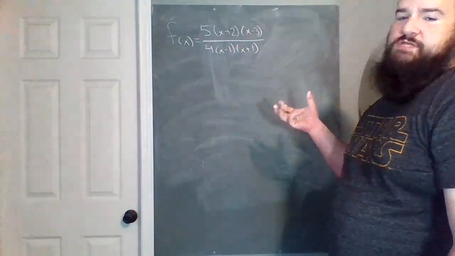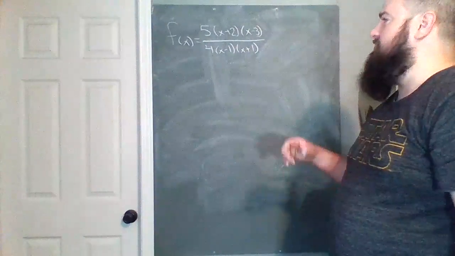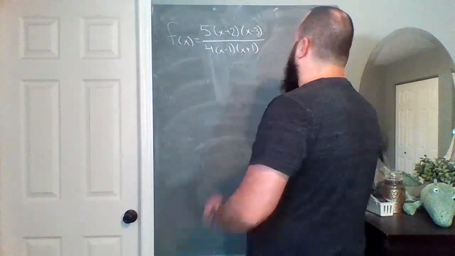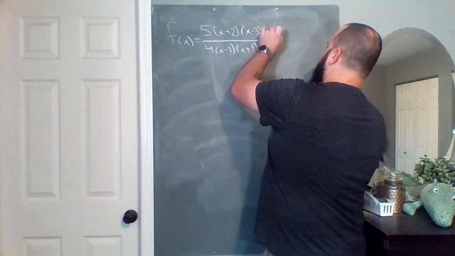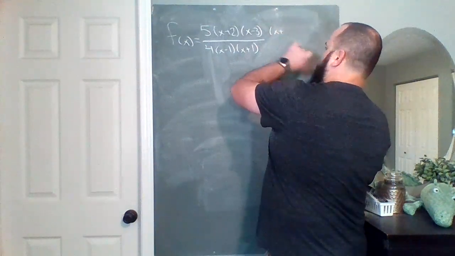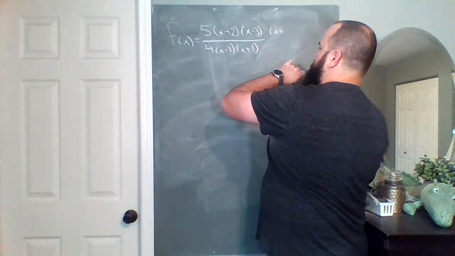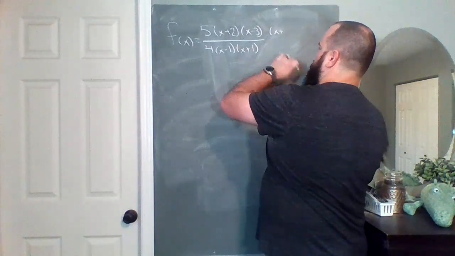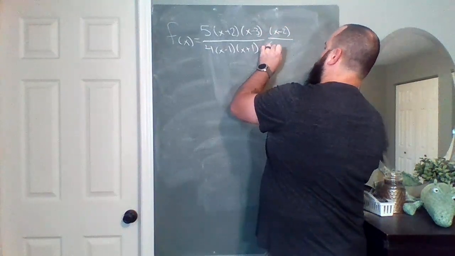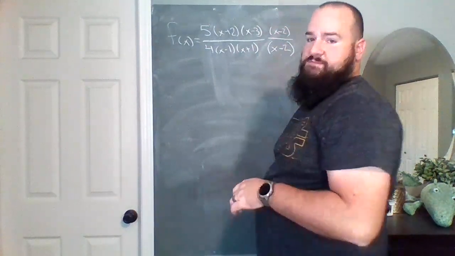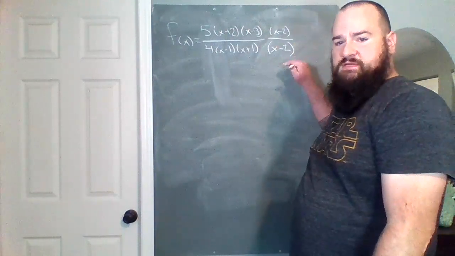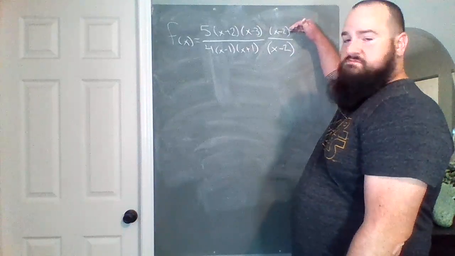If we look at what this function equals, I'm not going to actually calculate this out, but we get all these numbers. Now, what if I multiply this by x minus 2 over x minus 2? So I'm taking this rational function, I'm multiplying it by x minus 2 over x minus 2. Now if you look at this, this is the same thing divided by itself.